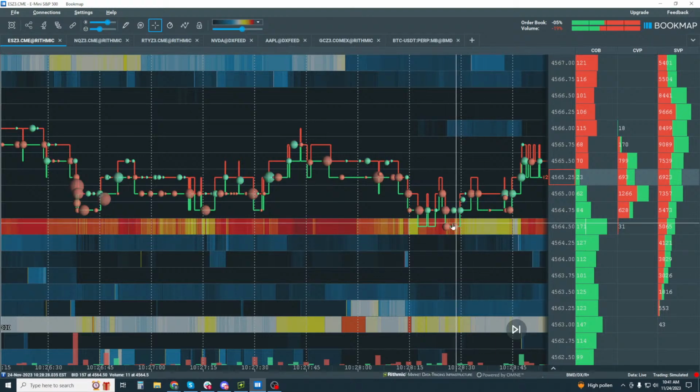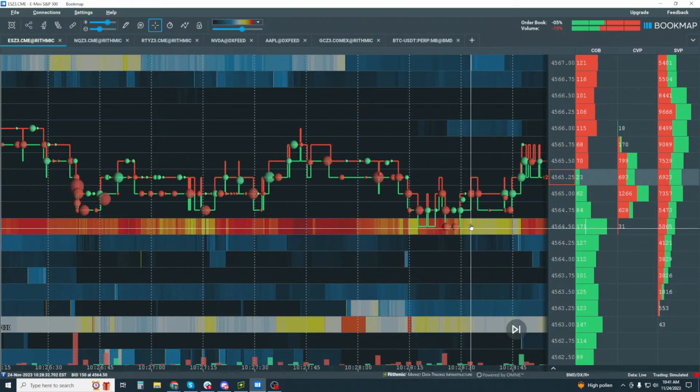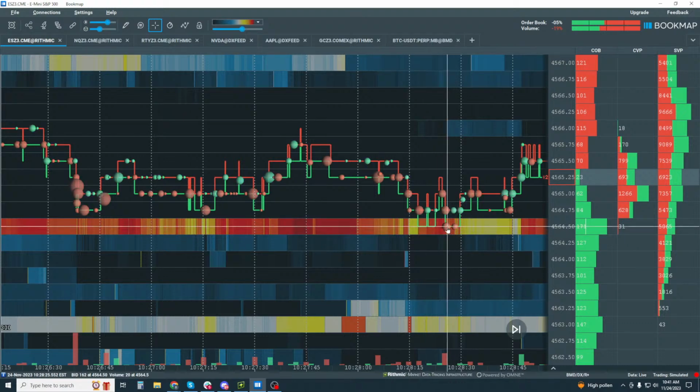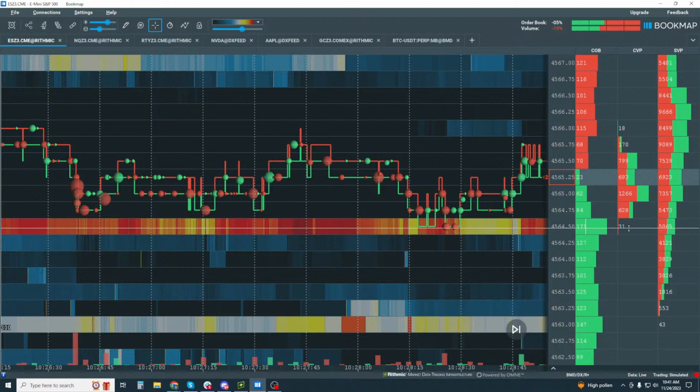So is there more aggressive selling pressure? At this point here, in this view, we do not see more sellers. We see that there's actually more buyers here, and they completely absorb the selling pressure. How much traded? 31 contracts.